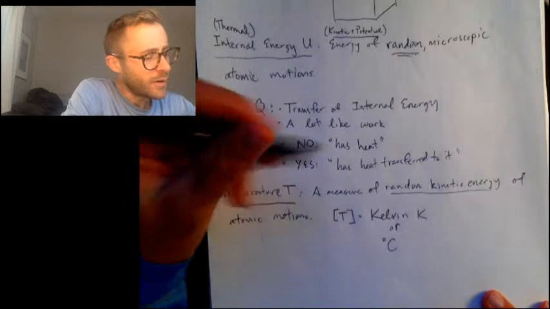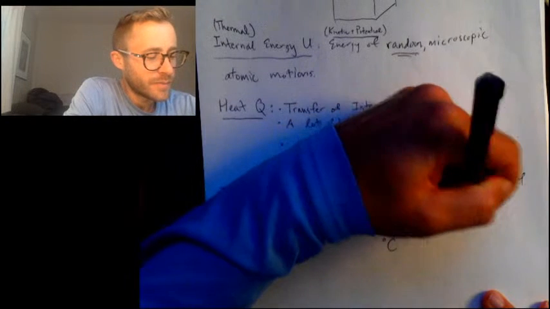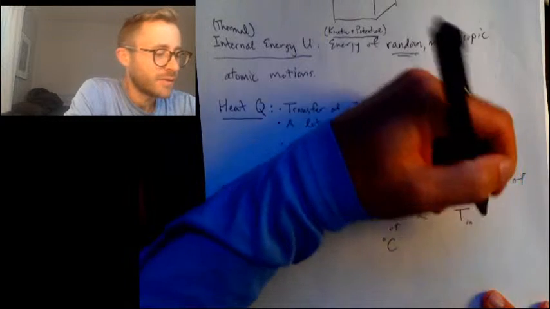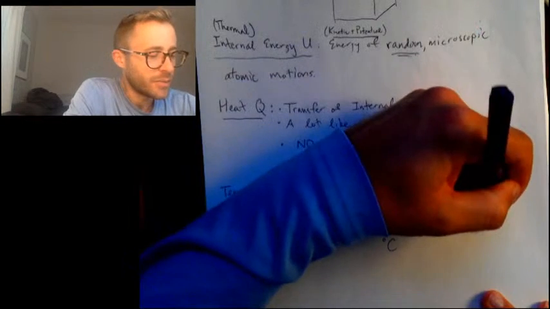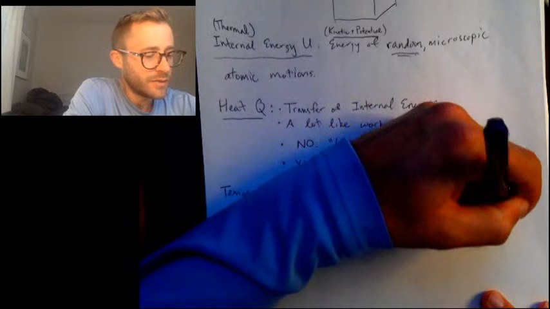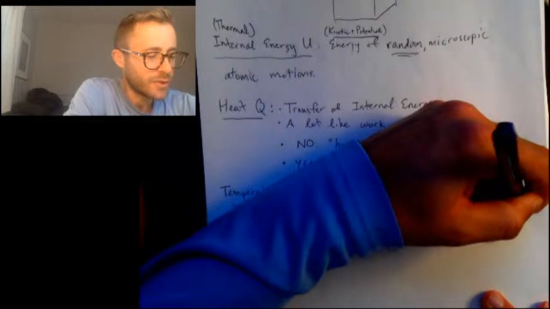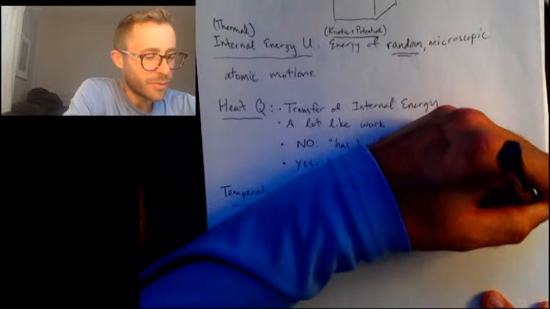Now, the temperature in Kelvin is equal to the temperature in degrees Celsius plus 273.15.